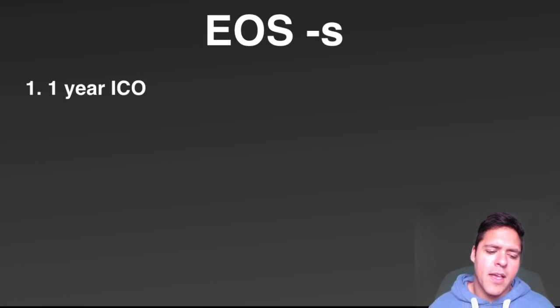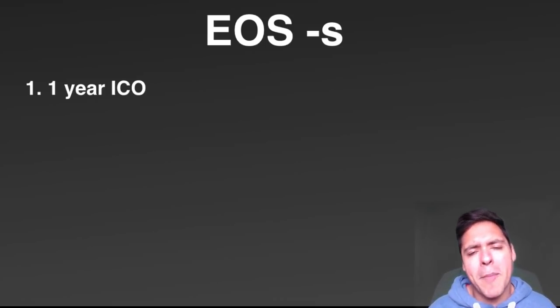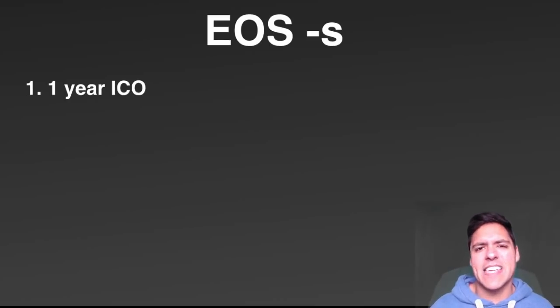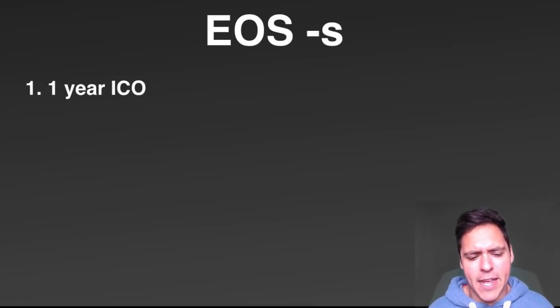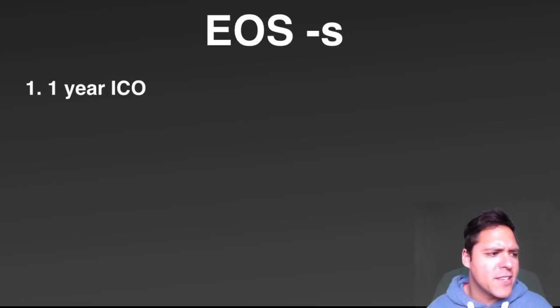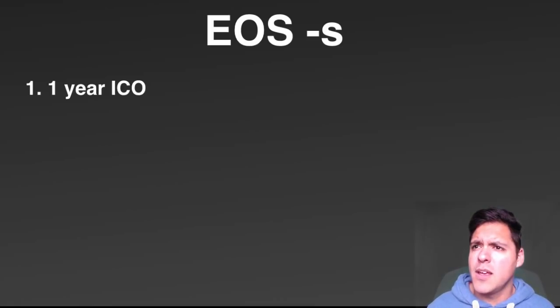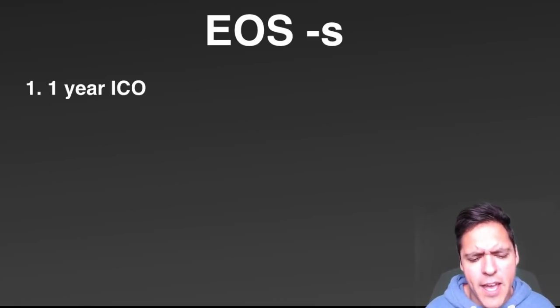Well, first and foremost, this is the thing that put off so many from EOS, and that is the 1 year ICO, the 1 year kind of crowdfunding. It's going to be going on now until about June, July time.